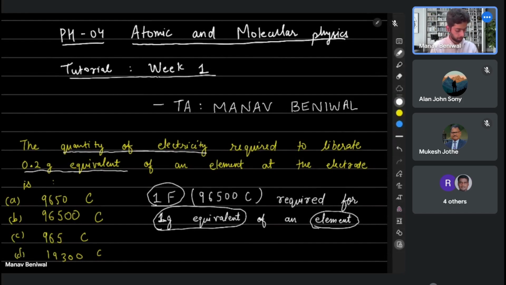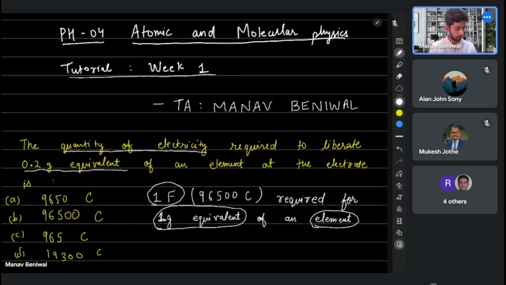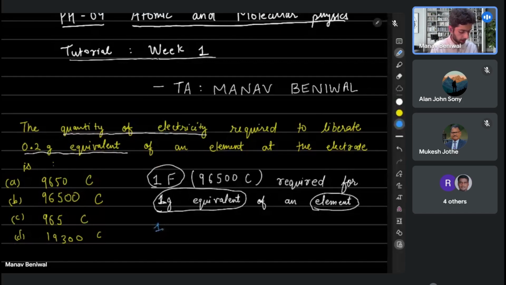So then 1 gram requires 1 Faraday. So 0.2 gram equivalent will require 0.2 Faraday, which is nothing but 0.2 multiplied by 96500. And therefore, the answer will be option D.